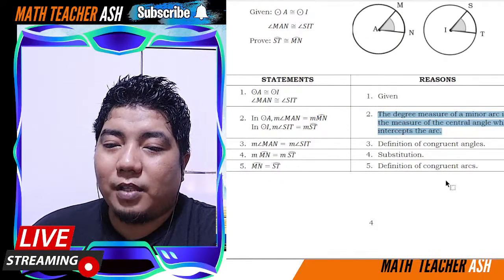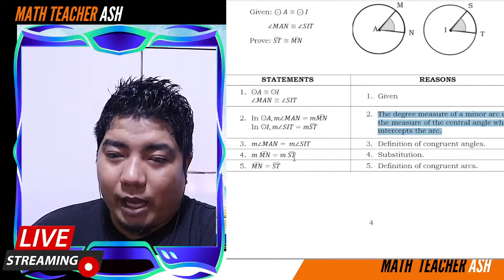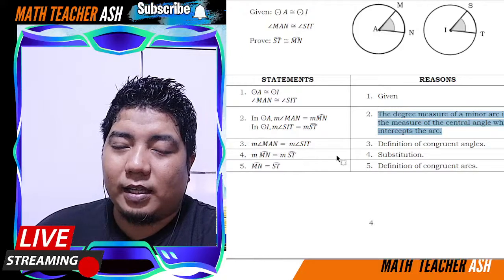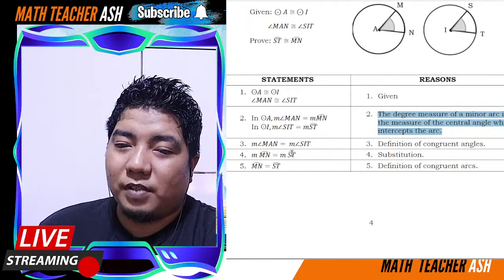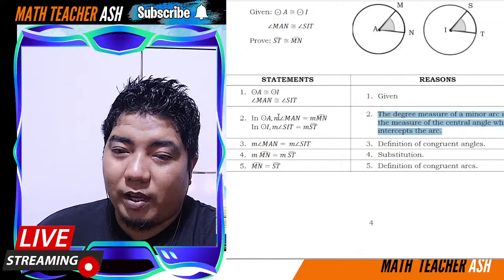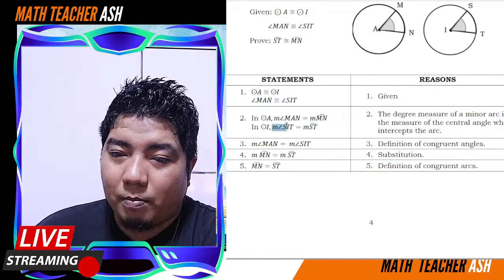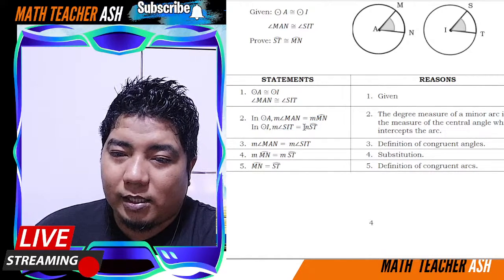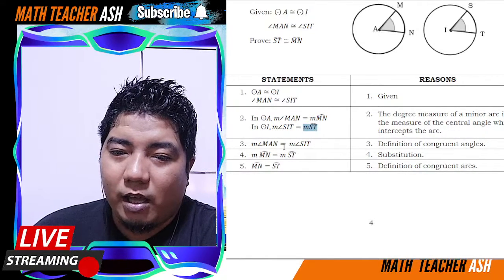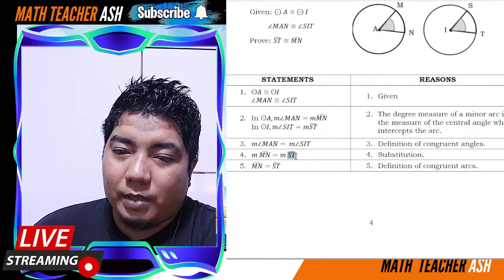And then we have the measurement of arc MN and the measurement of arc ST. That is the substitution, because since ito dito, we have here MAN is the same as the measurement of MN, and the angle SIT is the same as the measurement of arc ST, then we can substitute them to its arcs from the angle.